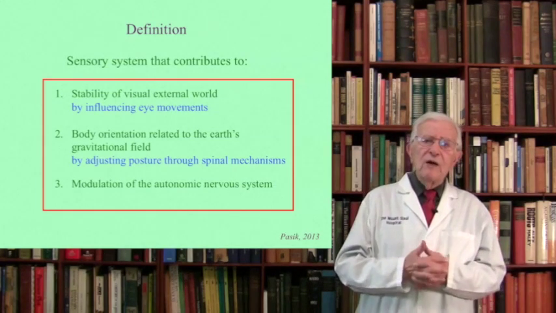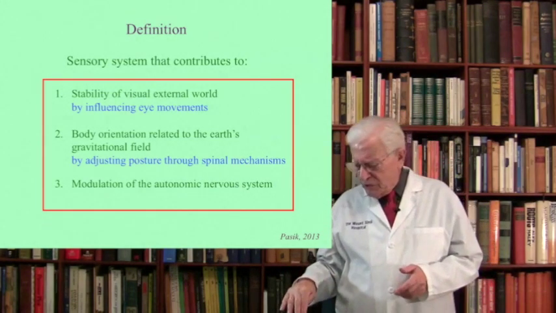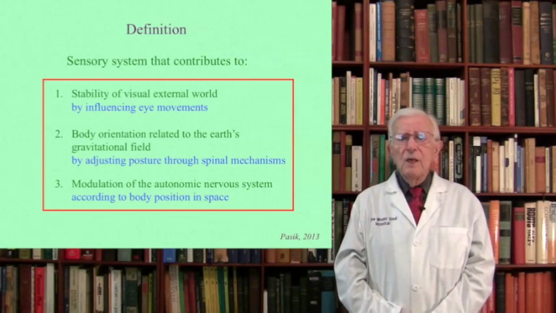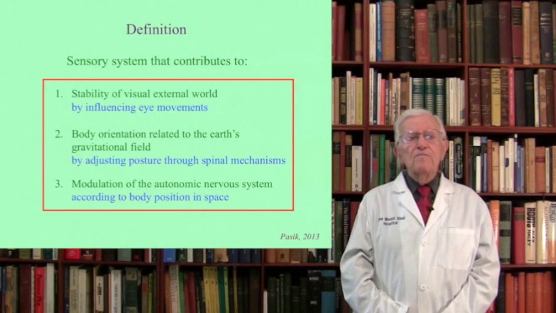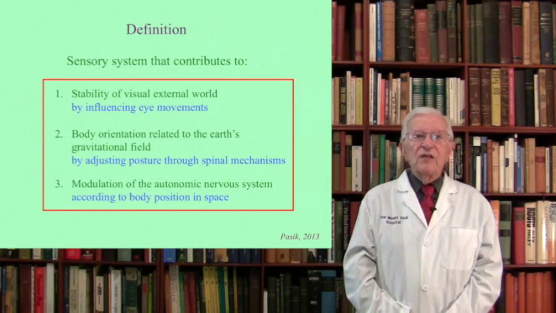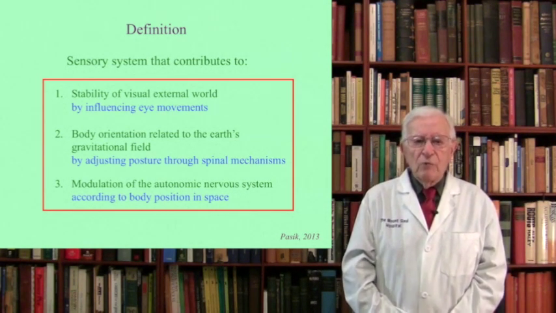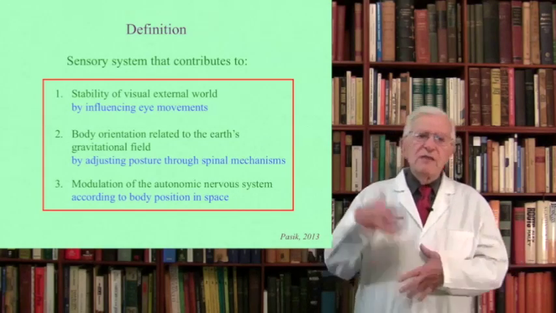And finally, you have the modulation of the autonomic nervous system according to body position in space, because it is different, as is readily noticeable, when you're lying down and when you're standing up.